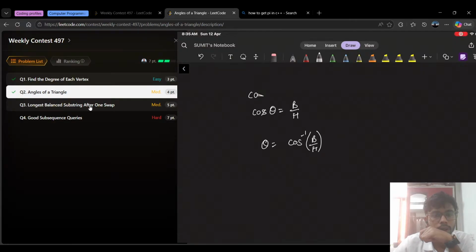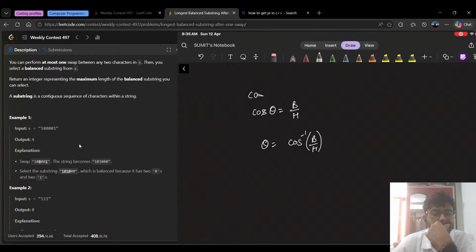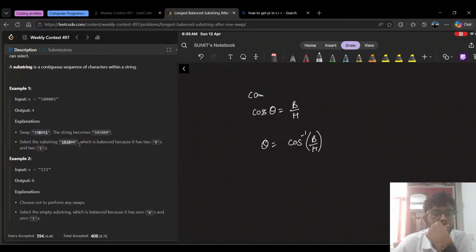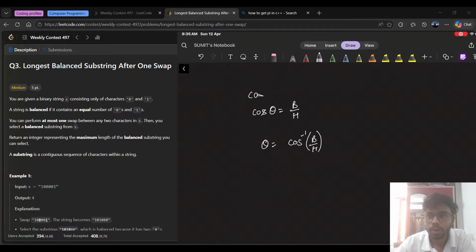Longest parents substring after one swap. Pro is requesting solution. 818.